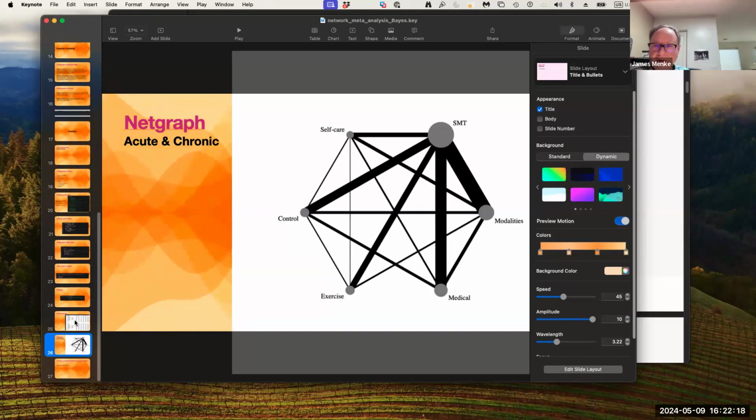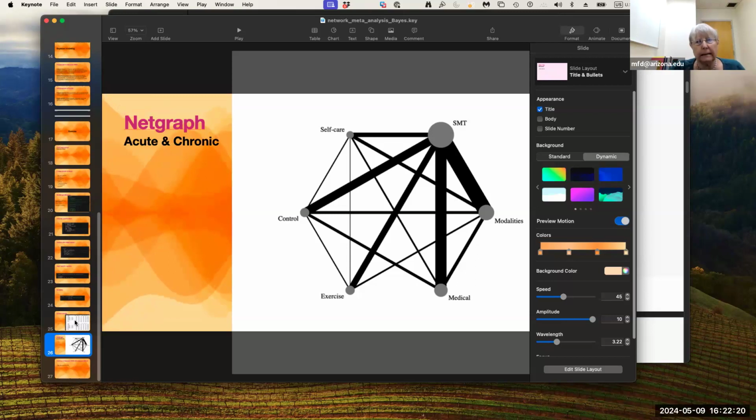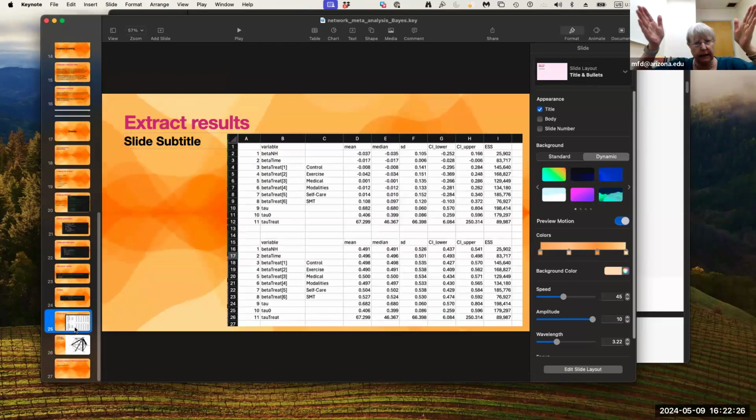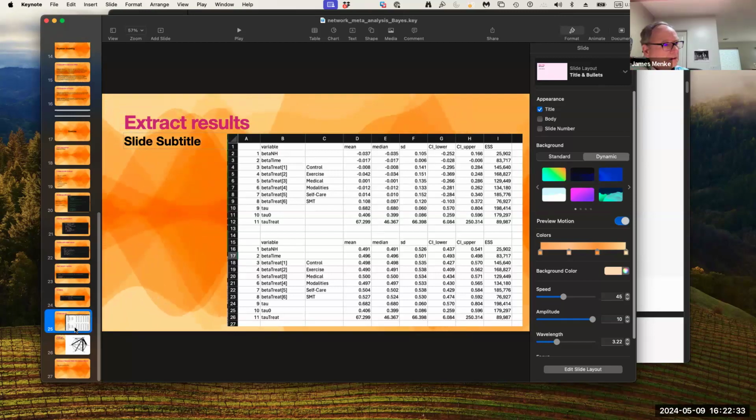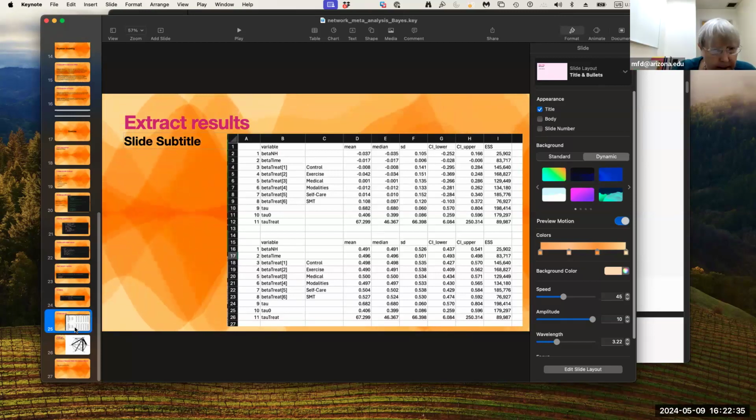Another net graph like this? No, you have like 5 treatments, and then you have the line. Is that it? No, and then you have the comparison circled.